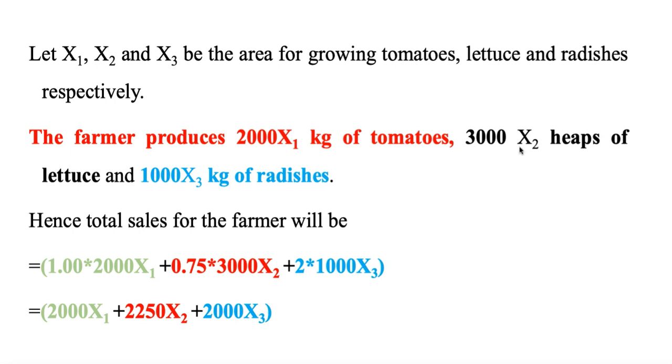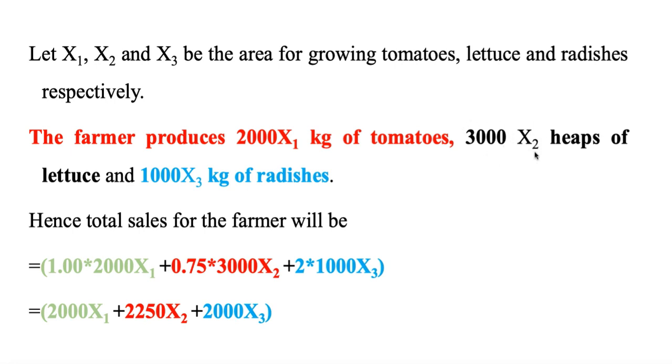All right. And x2 is the total area under cultivation for lettuce. 3000 is the number of heaps which the farmer is producing from 1 acre.